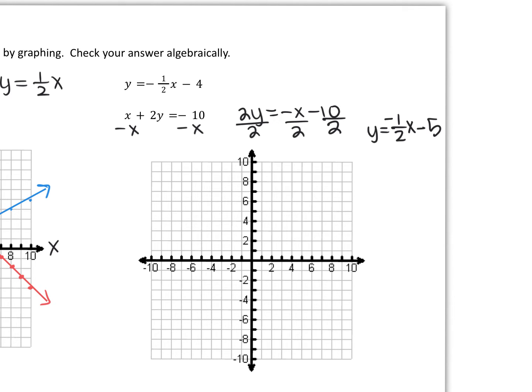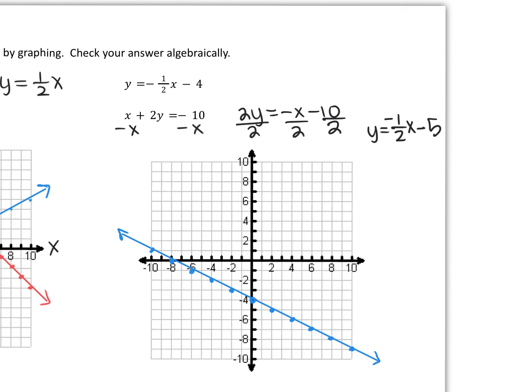My first equation, I'm going to graph and start with my y-intercept negative 4, apply a slope of negative 1/2, down 1, right 2. Also apply the slope of up 1, left 2. Then connect my points.